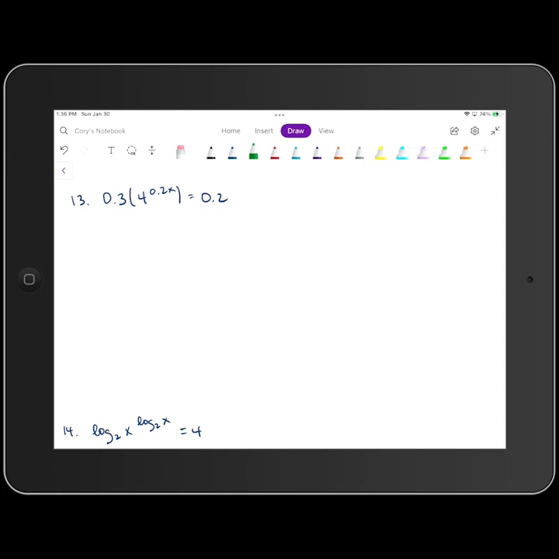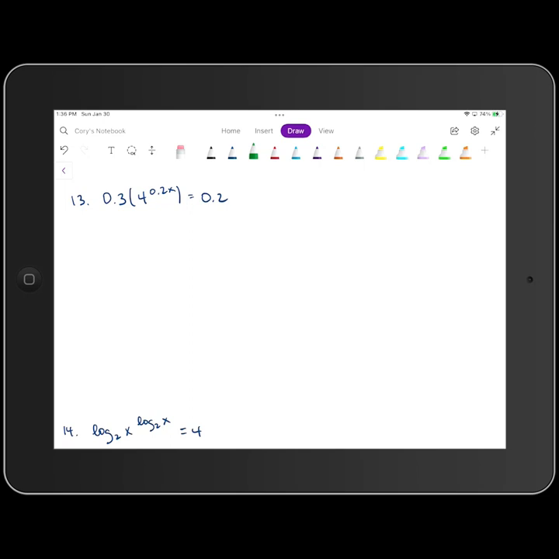So we have 0.3 times 4 raised to the 0.2x power is equal to 0.2. Okay, so again, we have an exponential equation that we are trying to solve. My goal here to start with is I want to isolate the exponential function on the left-hand side.